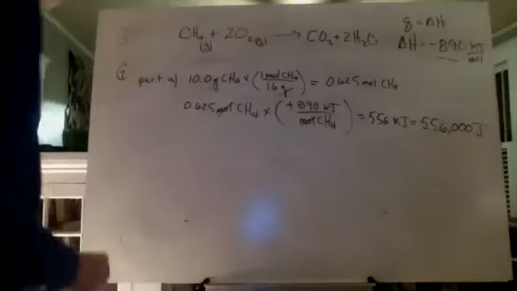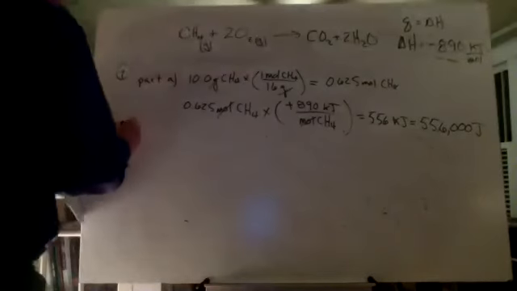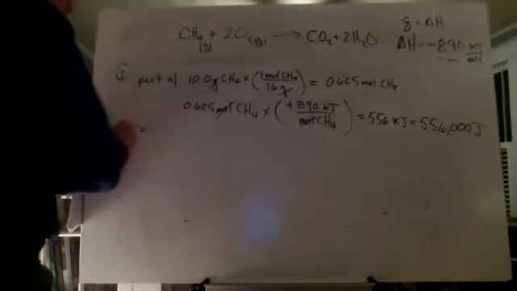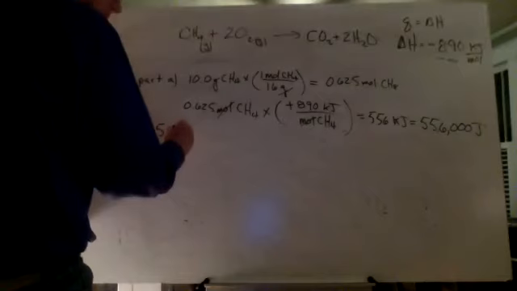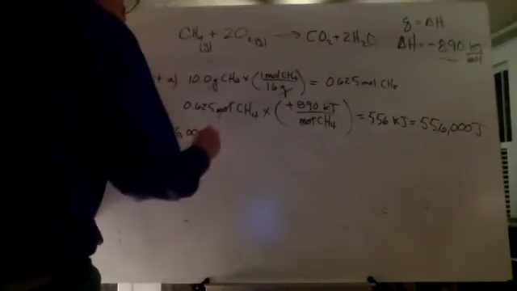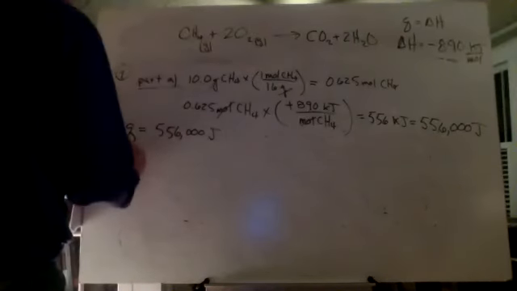Okay? And that is Q. So Q, the amount of heat that is given up, is 556,000 joules. So that's part A of this problem.